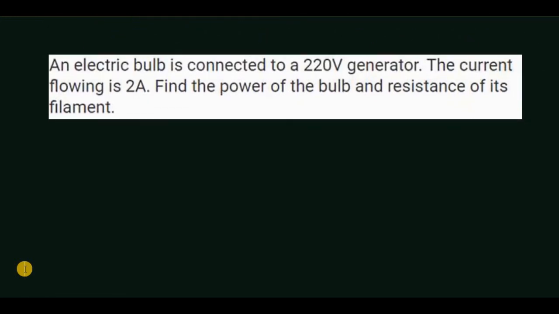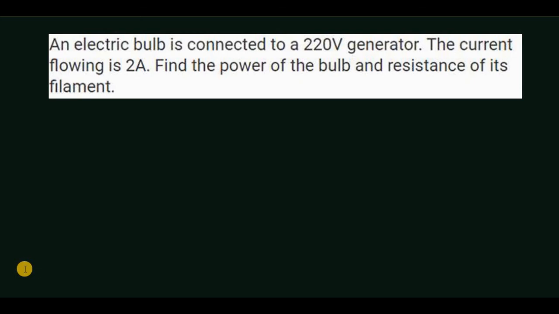An electric bulb is connected to a 220 volt generator. The current flowing is 2 ampere. Find the power of the bulb and resistance of the filament. So whenever we have to solve any question, we write whatever the values are given. जो दिया हुआ है उसको लिखते जाओ सीधे सीधे.